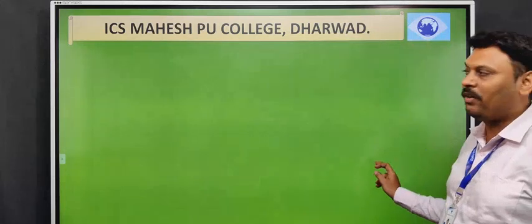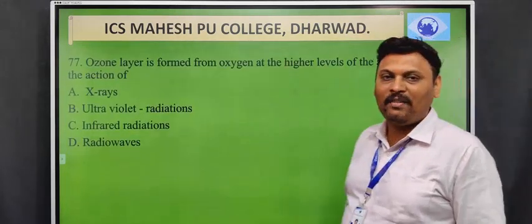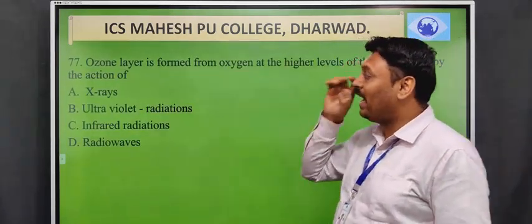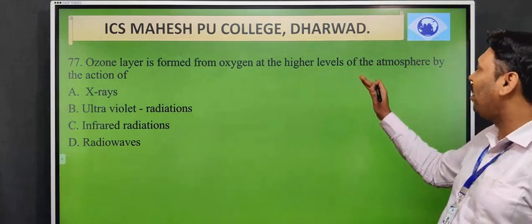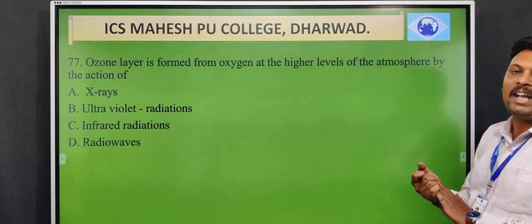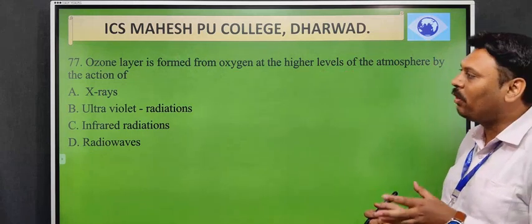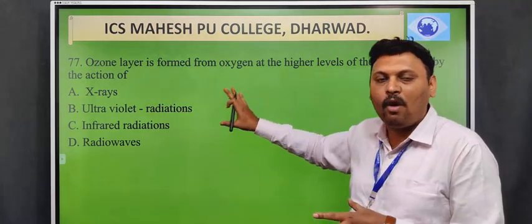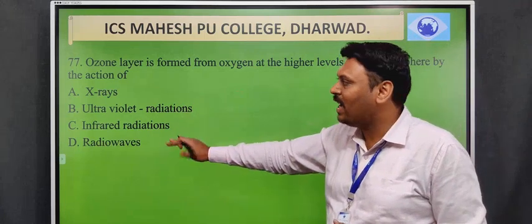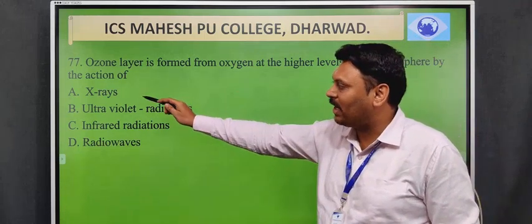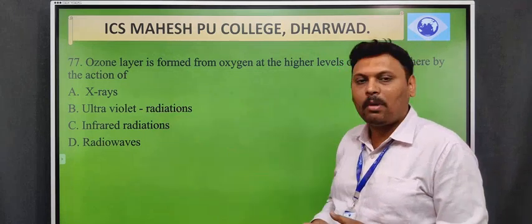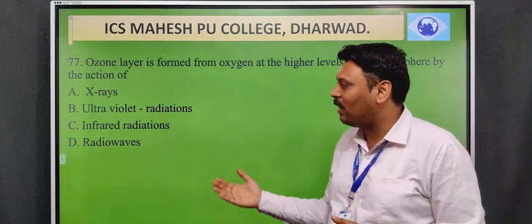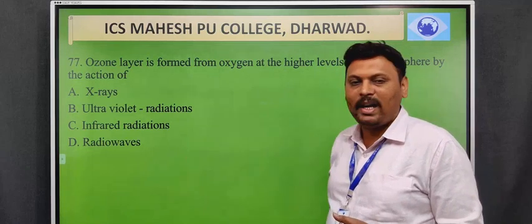Coming to the next question, the 77th question. The ozone layer is formed from oxygen at the higher level of the atmosphere by the action of what? There are four options: X-rays, ultraviolet radiation, infrared radiation, or radio waves.